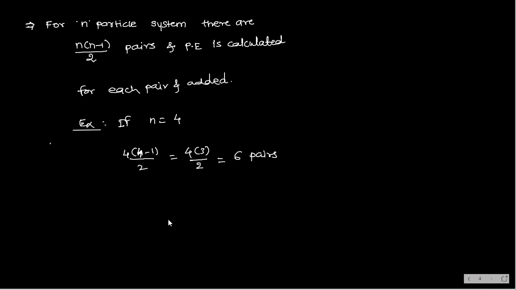So like this, have to add 6 pairs. Already we have seen 3 is there, means 3 into 3 minus 1 by 2, how many? 3, hai na? So 3 pairs you will get for 3 only. That's why M1, M2 by all this, whatever we have seen before. Note down this fast.